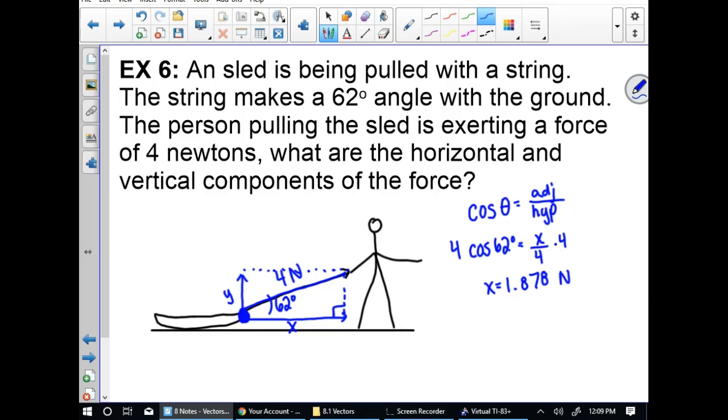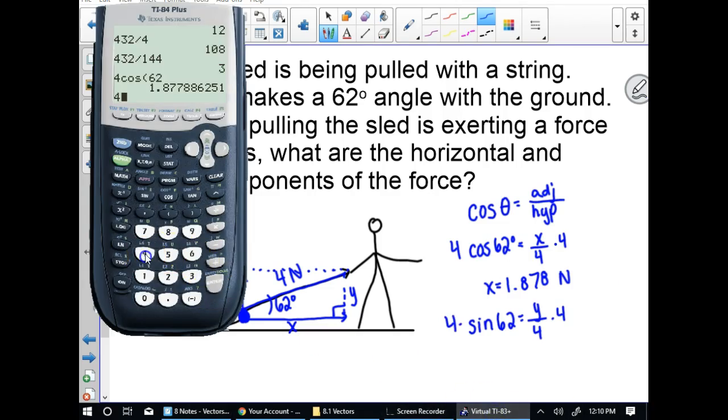For the other part, at this point, you could use the Pythagorean theorem if you want, or you can use trig. I'm just going to use trig. So the y is the same as over here. You're going to have sine of 62 equals y over 4. To solve that, you multiply both sides by 4.